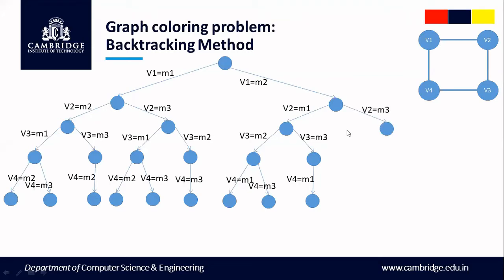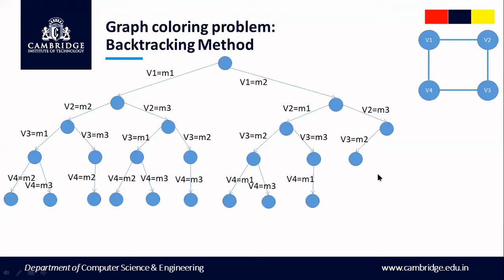In the same way, explore further. If V1 is M2 and V2 is M3, then V3 can have either M1 or M2. If we explore M2, V1 is M2 and V3 is also M2.